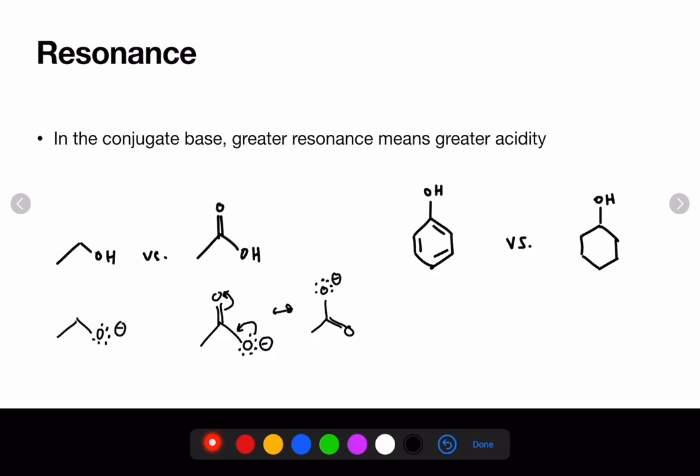This means that this conjugate base is more stable because of its resonance, meaning it's a weaker conjugate base. So, this molecule is the stronger acid.